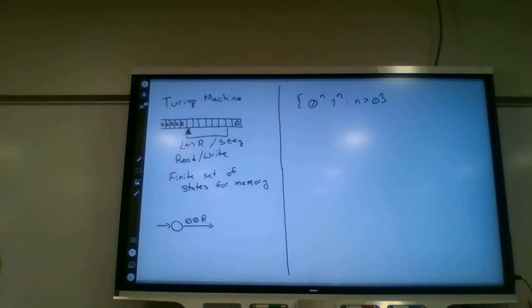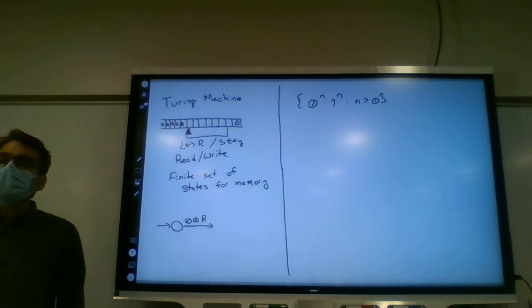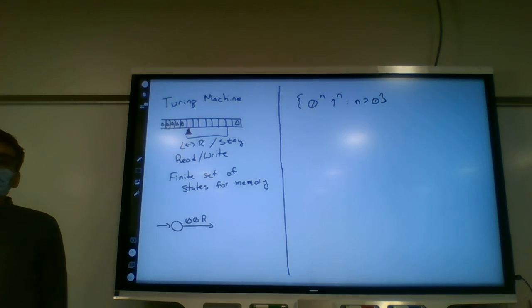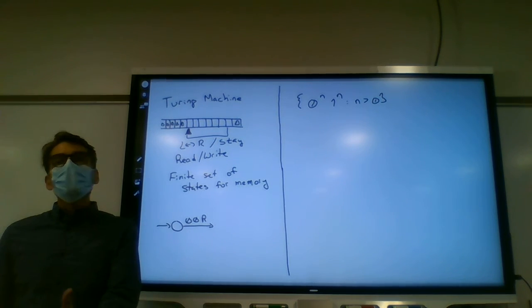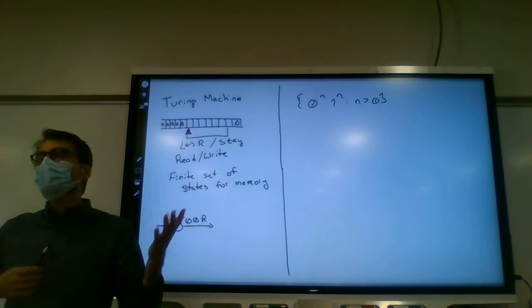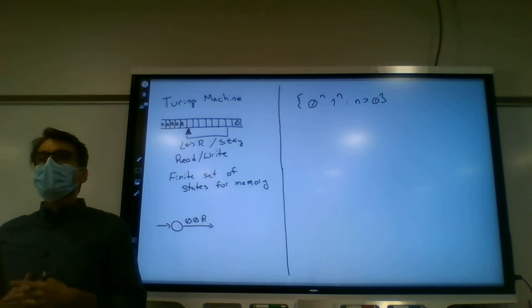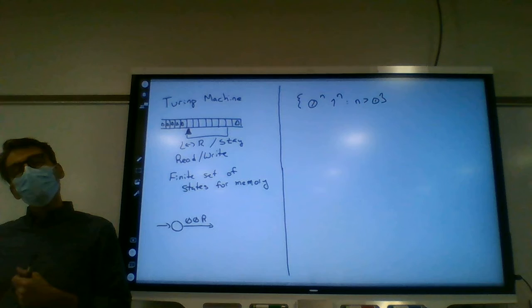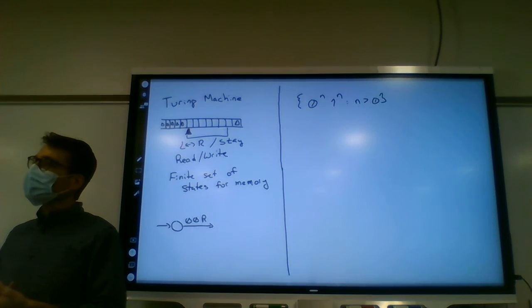So how would you recognize a string in this language? If I gave you a string, and I wanted you to tell whether this string is in this language. And remember, we can't really count things because we don't have a place to store that.